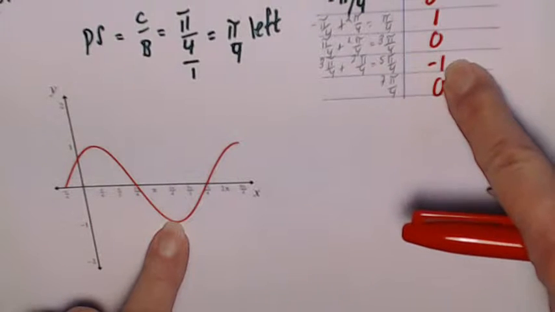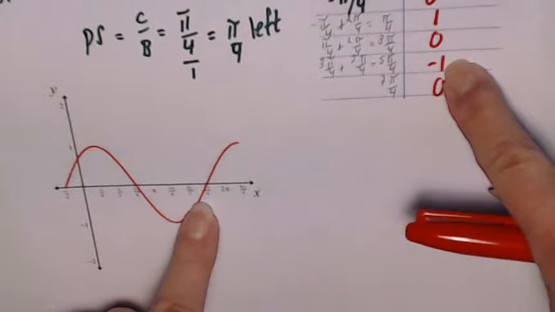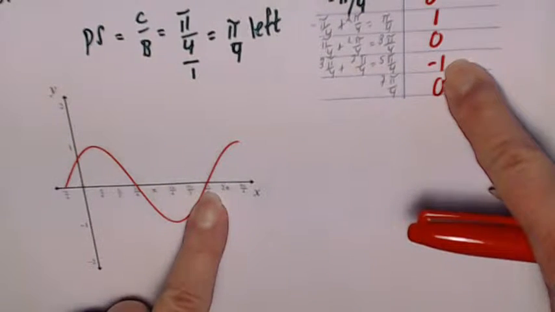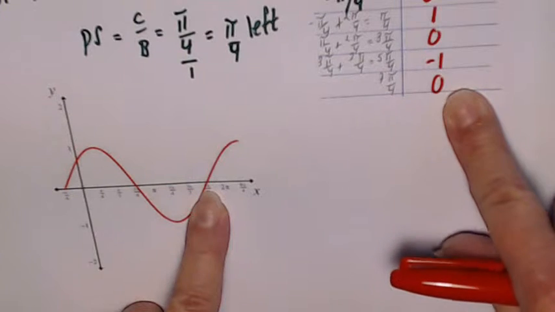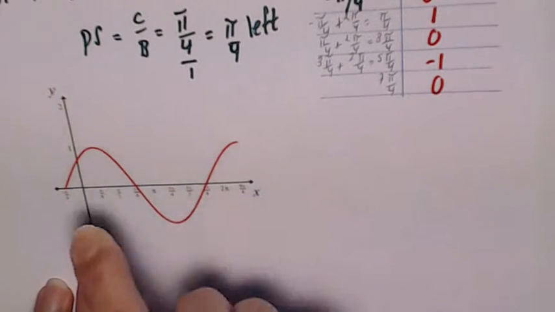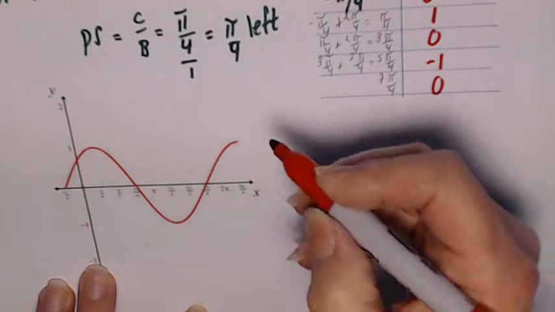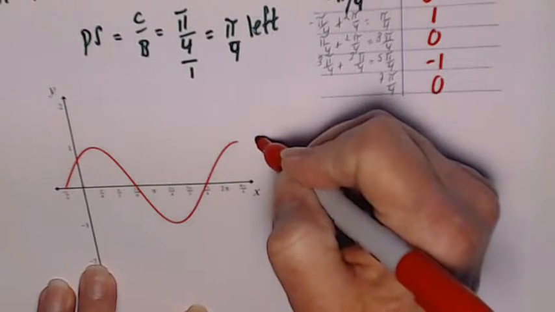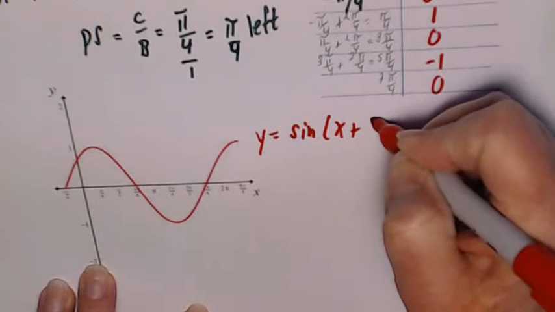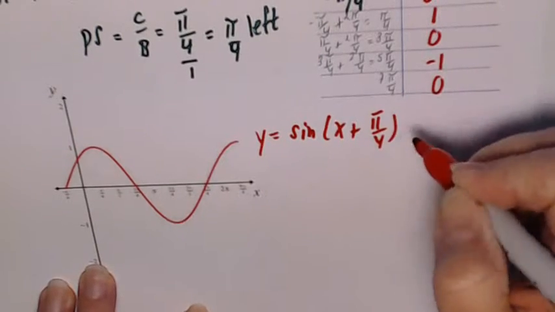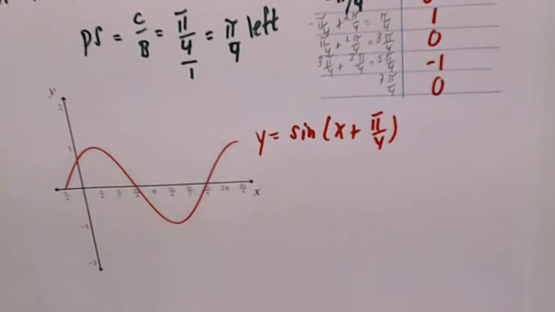At 5 pi over 4, we're at -1. And then at 7 pi over 4, we are at 0 again. So here is our sine function. And let me label this. This is y is equal to the sine of x plus pi over 4. So there's our sine function.